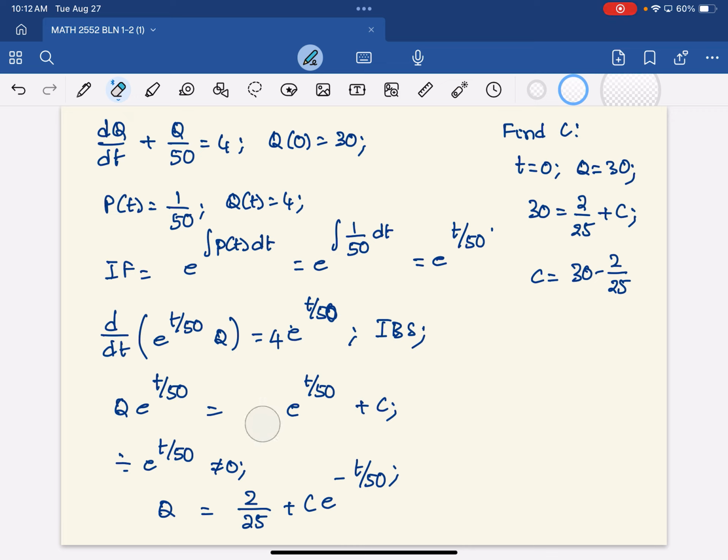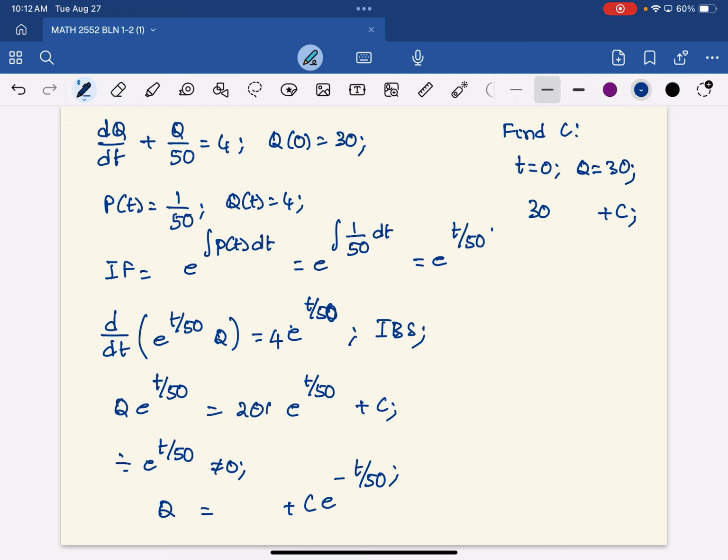This should be 200, right? Thank you. So this is going to be 200 e to the t over 50 plus c. So this will give me 200 plus c times e to the negative t over 50.